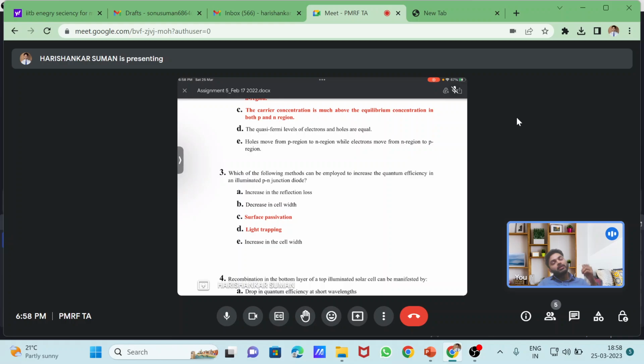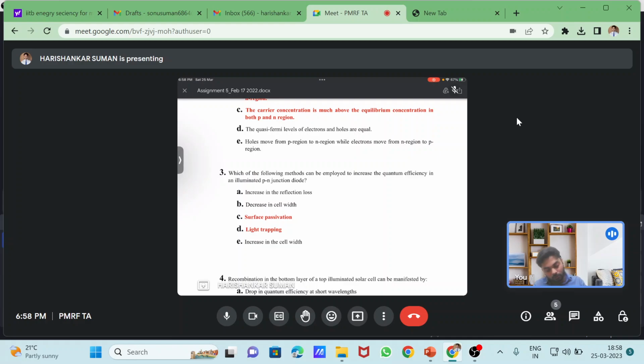If diffusion length is less than the cell width, it will not reach the electrode, so in this case quantum efficiency decreases. It will recombine before. Okay, sir. So the option may not be correct, but we have to write that the diffusion length is less than the cell width, like that, to improve this option.